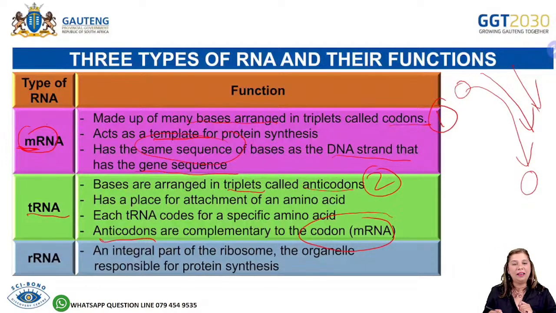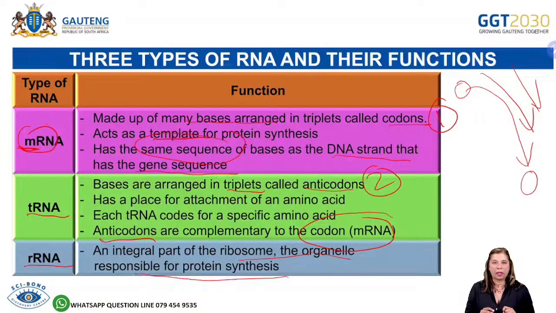rRNA is the easiest. It's ribosomal RNA, so the R is for ribosome. It's an integral part of the ribosome, the organelle responsible for protein synthesis. So what we took away from this is there are three types of RNA. There's messenger RNA, which is going to carry a message somewhere.